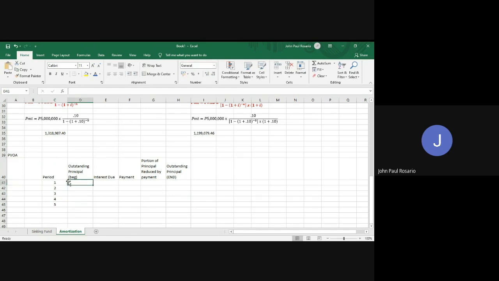Outstanding principal at the beginning, of course, is 5 million. Interest due would be based on our beginning balance, which is 5 million, multiplied by the 10% interest. And then our payment, what was our payment?